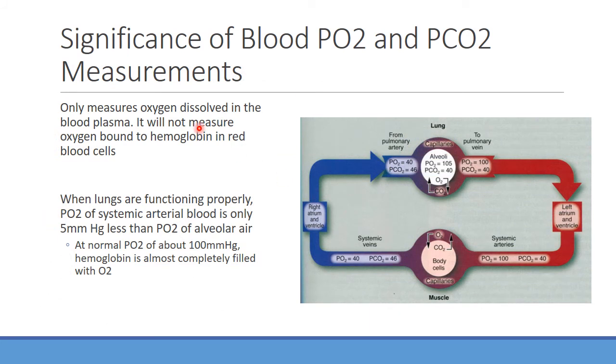Okay. So again, looking at the significance of blood PO2 and PCO2, that's just the measurement of the partial pressure of O2 and the partial pressure of carbon dioxide. You'll see that it only really measures oxygen dissolved in the blood plasma. It's not going to measure the actual oxygen bound to hemoglobin in the red blood cells. There are other tests you can do for that. Are you guys familiar with the ABG? It's arterial blood gas.